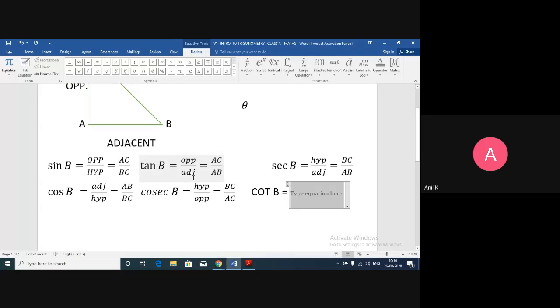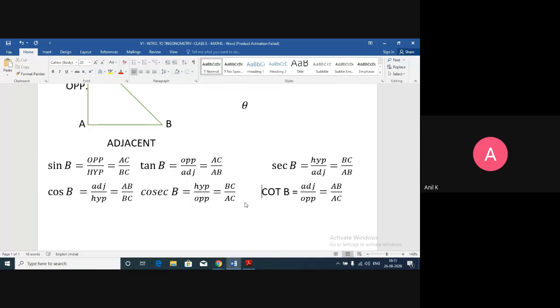Then here you will get adjacent upon opposite, or you can put this as adjacent AB upon opposite AC. So these are the 6 trigonometric ratios whose definitions we have to remember.